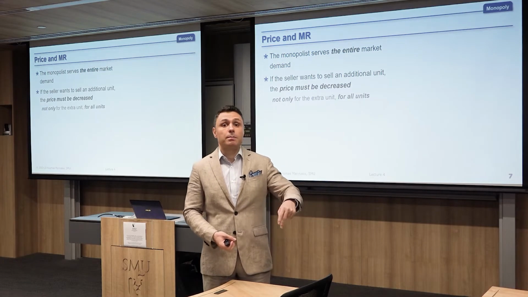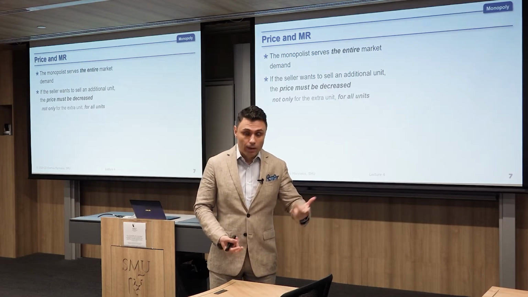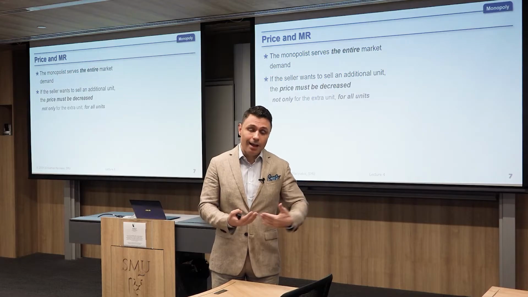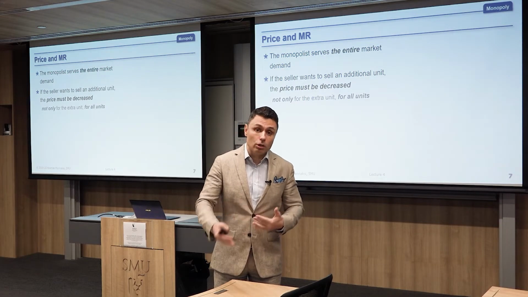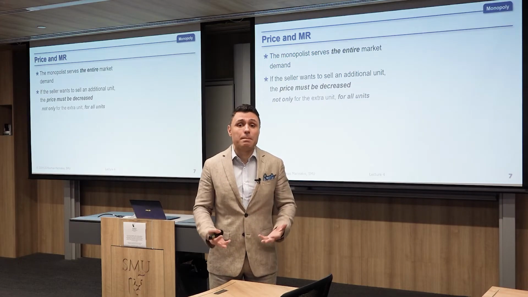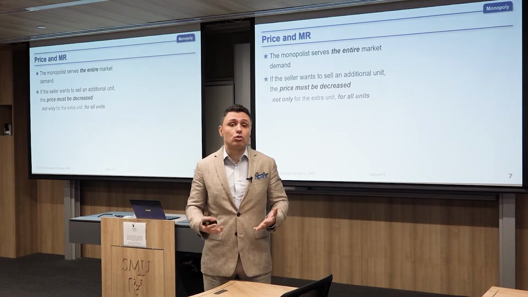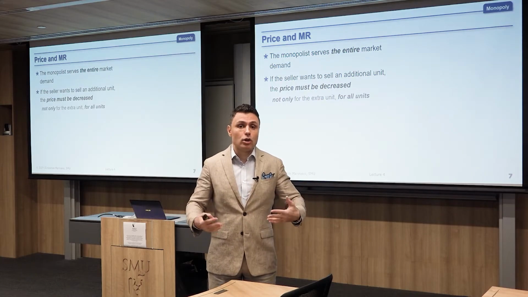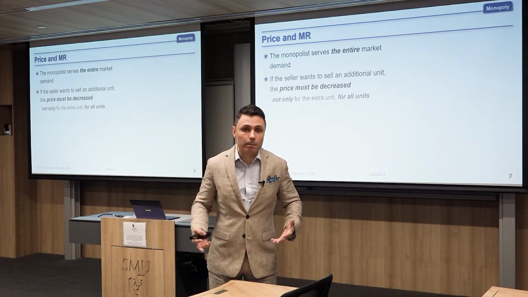The second pizza is 50% off, for example. But we do not assume here that you are able to distinguish those consumers. We assume that you are a normal seller, you cannot charge multiple prices.